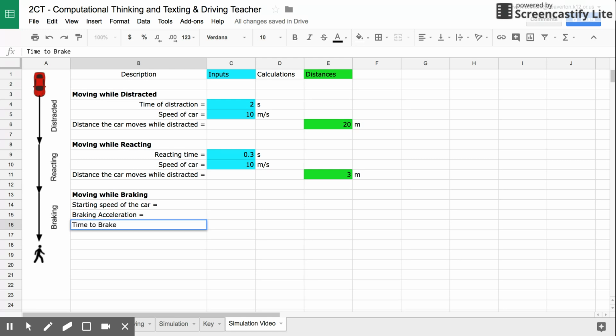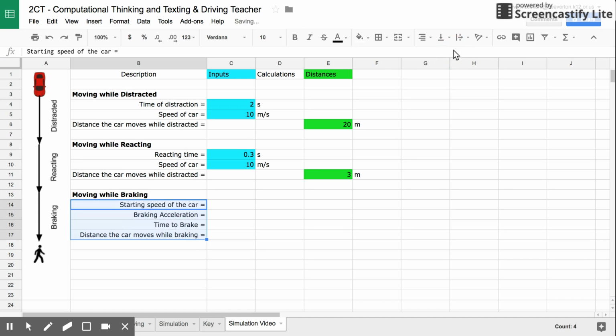All right. And then ultimately, in this section we are looking for the distance the car moves while braking. Again, I want to right justify those. So if I select and highlight, I can go up here, click right justify, makes those look nice.